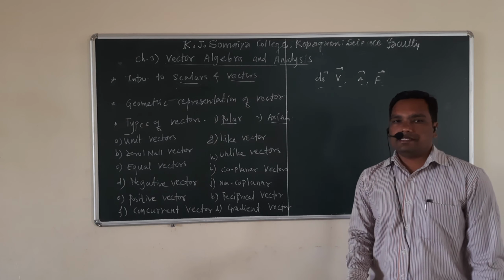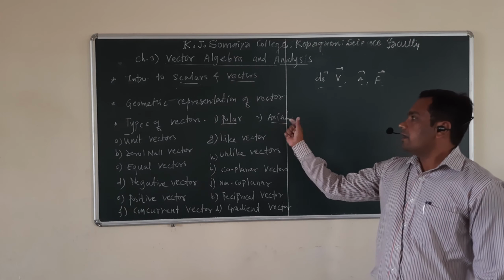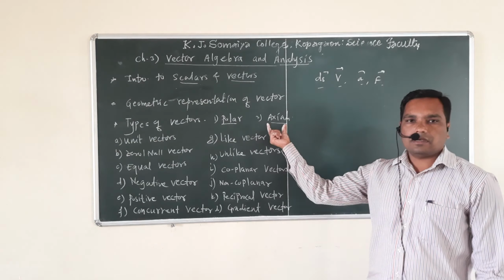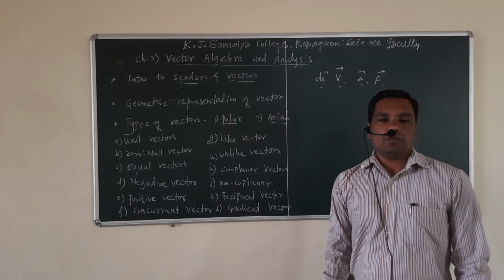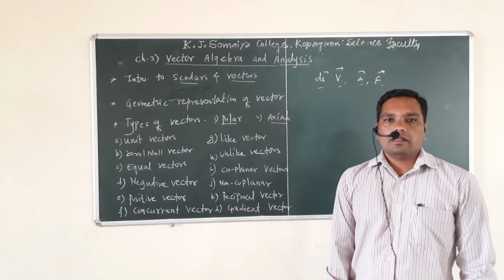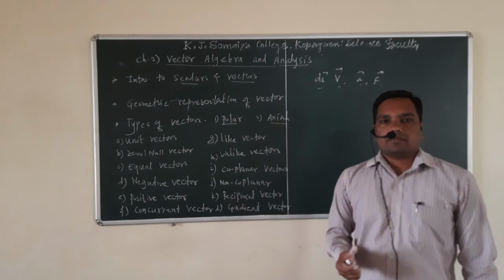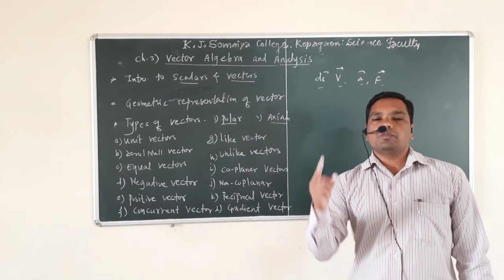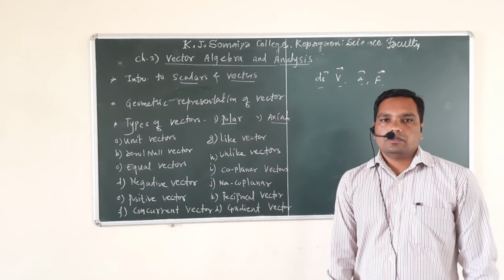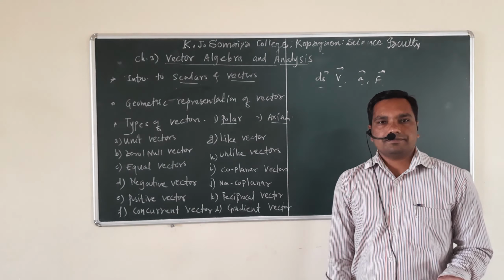Okay, next one is axial vector. What is meant by axial vector? Generally axial vectors are used in case of rotational motion of the object. Those axial vectors are always directed along the axis of rotation. So what is meant by axial vectors?